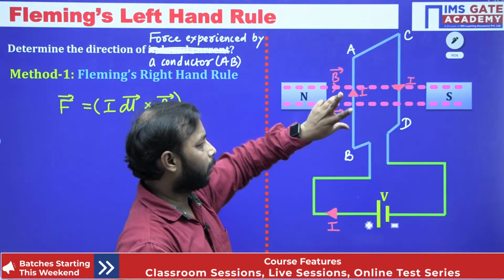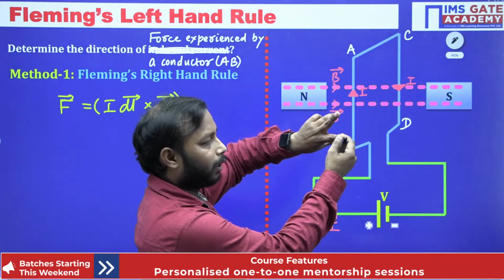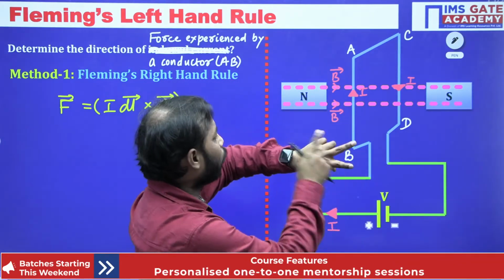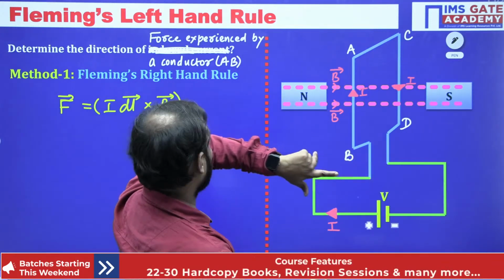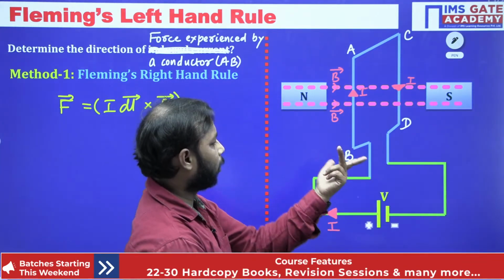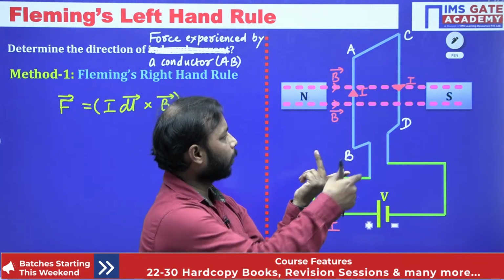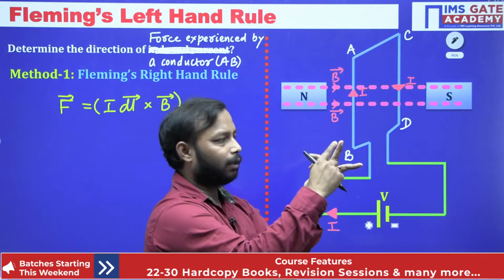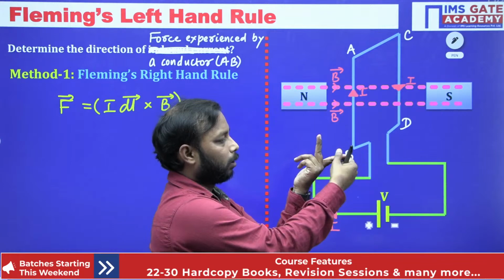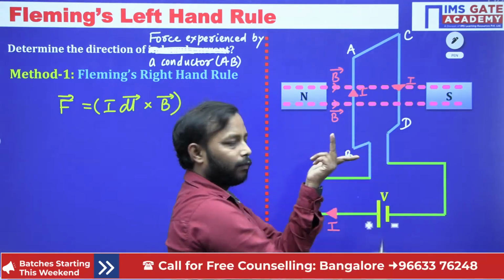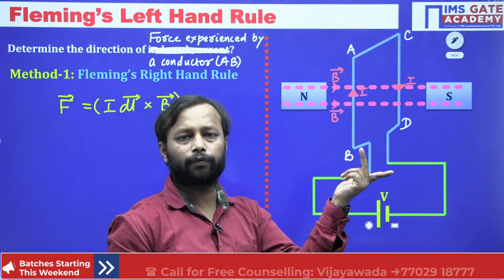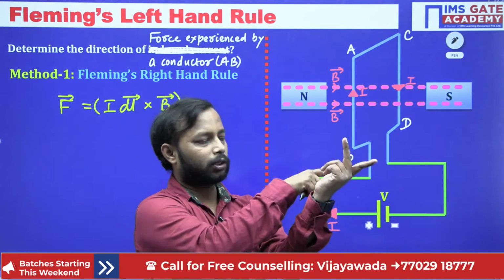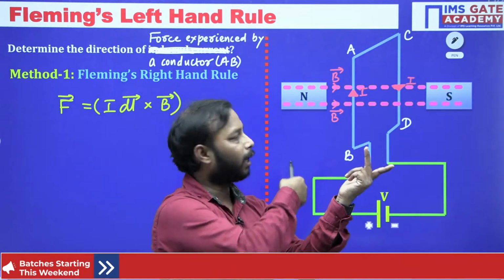Then your forefinger should point towards the direction of magnetic field like this. Then this thumb shows the direction of force or torque. So this thumb is pointing inside the board.